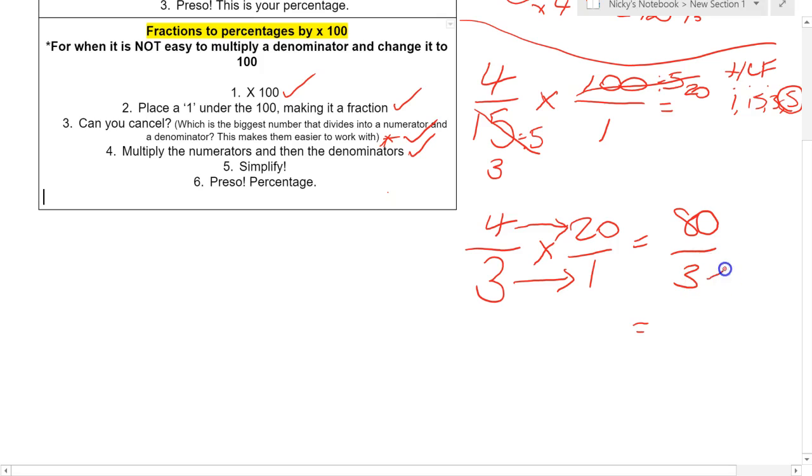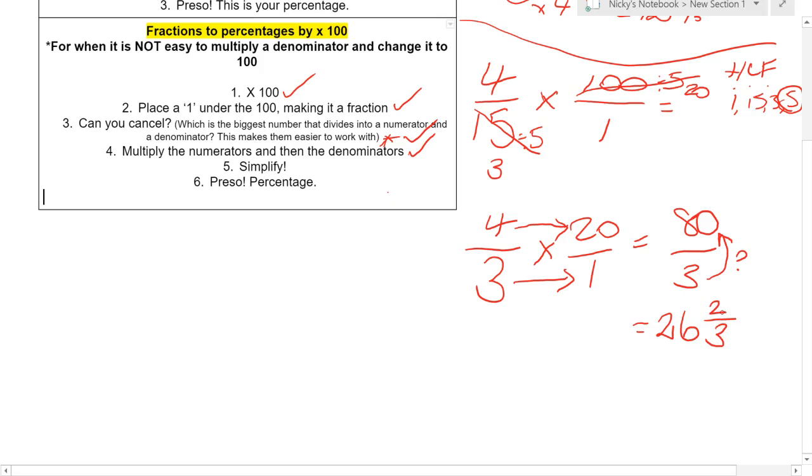So I say, how many times does my 3 fit into my 80 in this case? And that ends up being 26 times. 26 times 3 gets me to 78. So I actually have 2 remainders, and I write it over my denominator of 3.